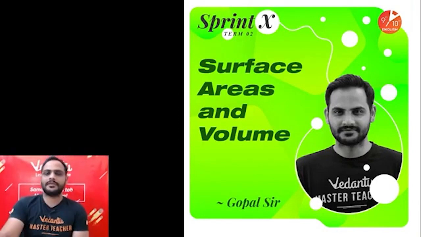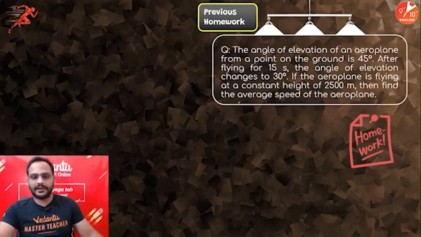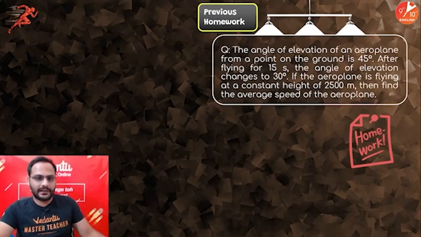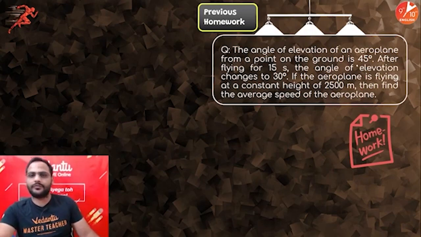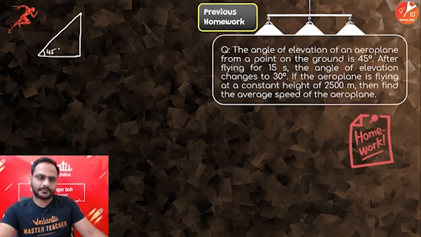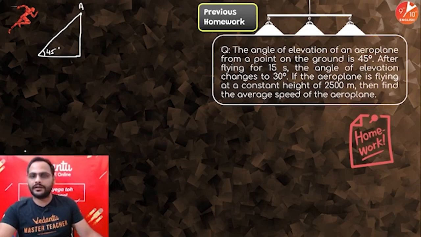So last class, if you remember, we discussed some applications of trigonometry. Now let us look at the homework question which I gave you. The question is, the angle of elevation of an aeroplane from a point on the ground is 45 degrees. After flying for 15 seconds, the angle of elevation changes to 30 degrees. So say at the starting, the aeroplane is making an angle of 45 degrees.